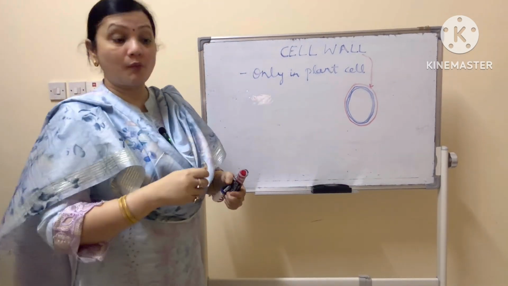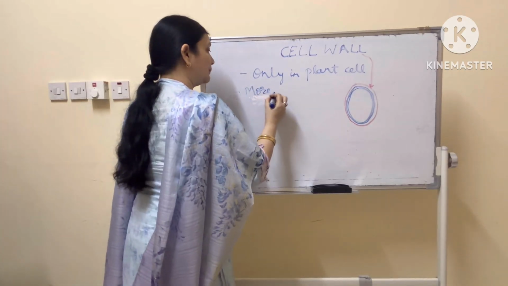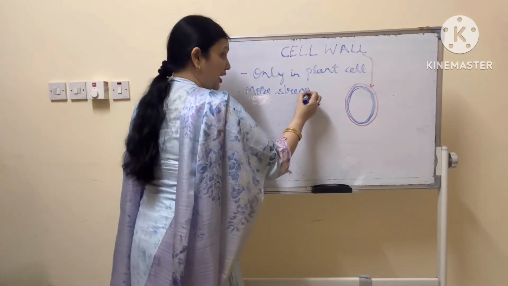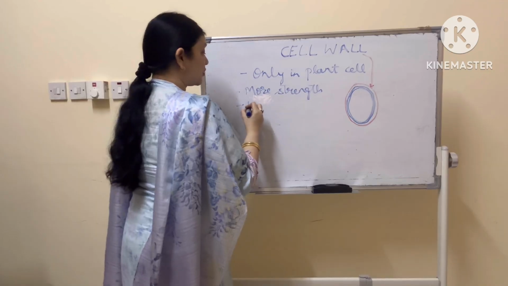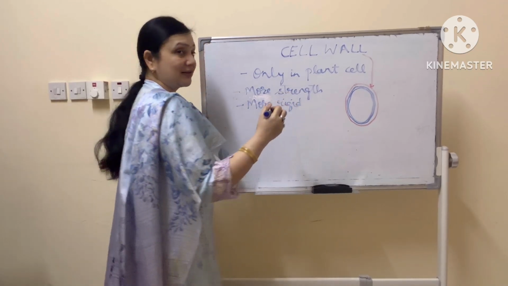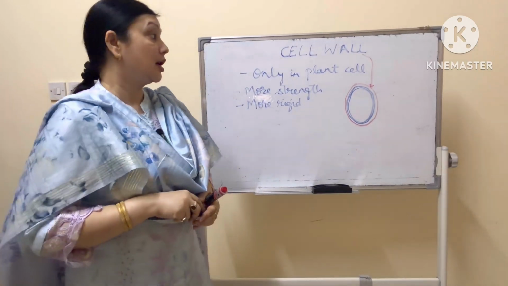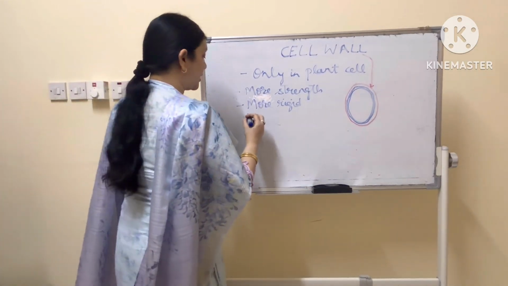Because it is for more strength, let us write down the functions. Provides more strength, gives a better shape to the cell, makes it more rigid. You cannot shake a plant just like you move your hands or you pinch. It is giving it less elasticity. The cell wall is a non-living structure.